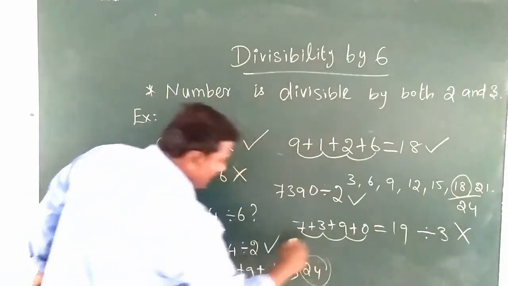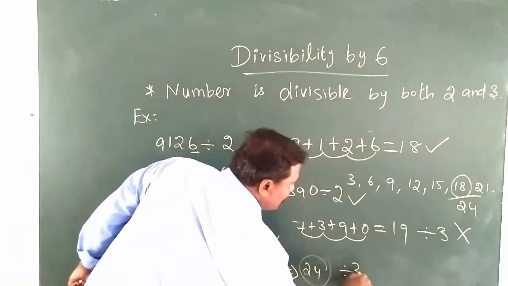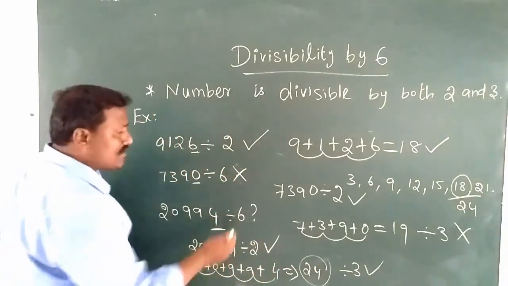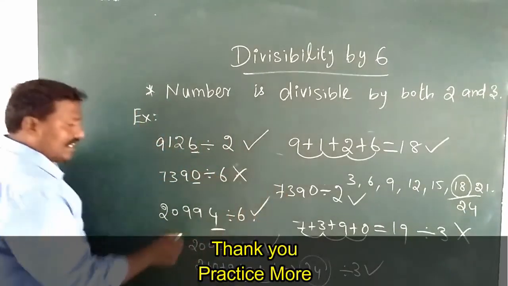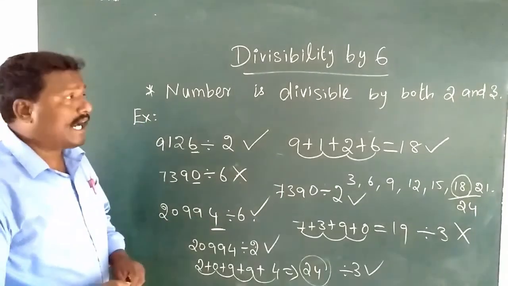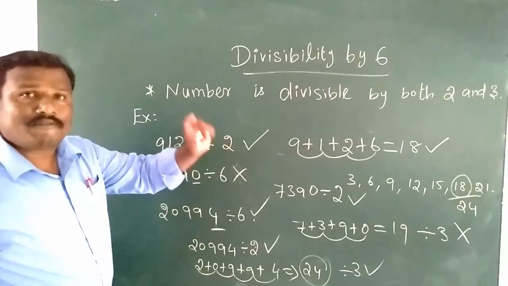So it means the number can be divisible by both 3 and 2. That is why we can say the number can be divisible by 6 also. Okay. I hope you understand the divisibility of 5 and 6.